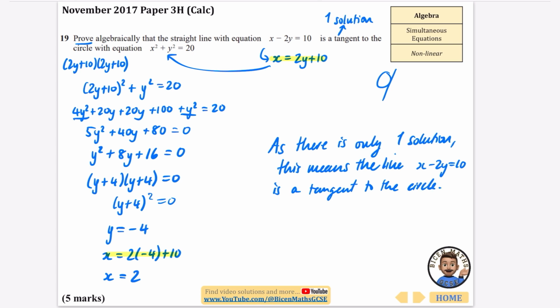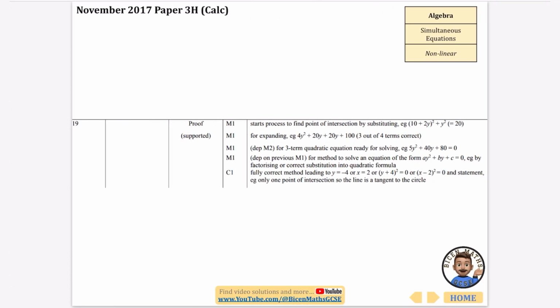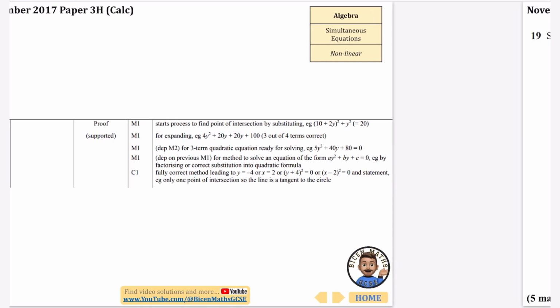So let's have a look at this one. It's a proof. We came up with this bit that we've got here, and then factorizing it, we get that y is minus 4 or x is equal to 2, and some kind of statement: there's only one point of intersection, so the line is a tangent to the circle.